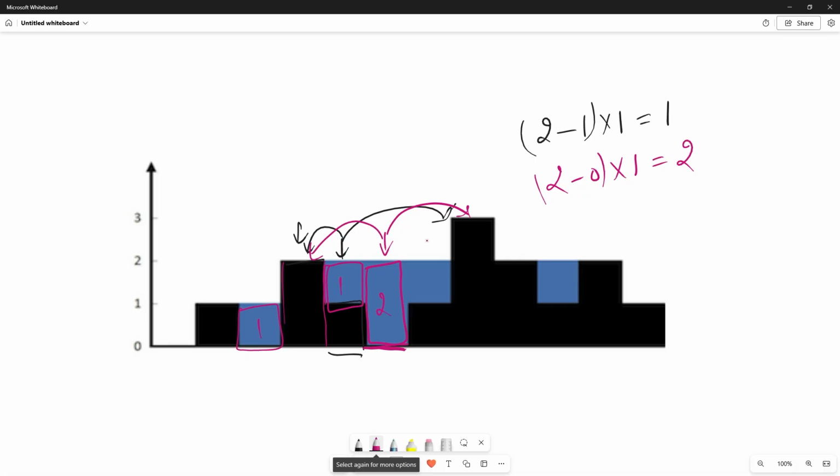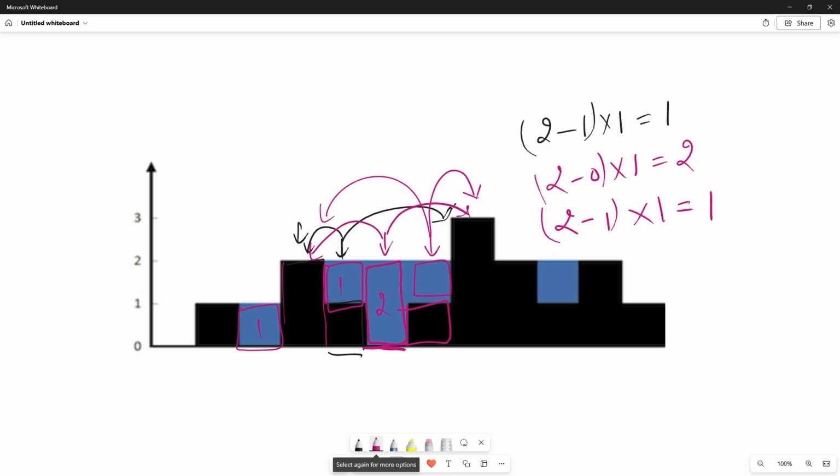Okay, now at this position, the maximum height bar toward the left is this one, and the maximum height bar toward the right is this one, and the amount of water collected is based on the minimum of the two. That is 2, minus the height of the bar we are standing at, that is 1, multiplied by the width, that is 1.